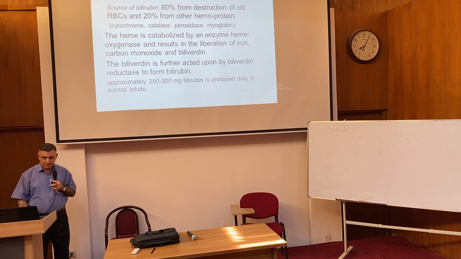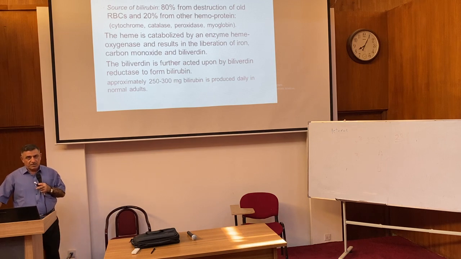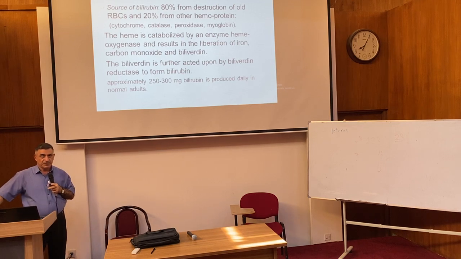Bilirubin metabolism. The main source of the bilirubin, 80% of it, comes from destroyed RBCs. RBC lifespan is usually up to 120 days.